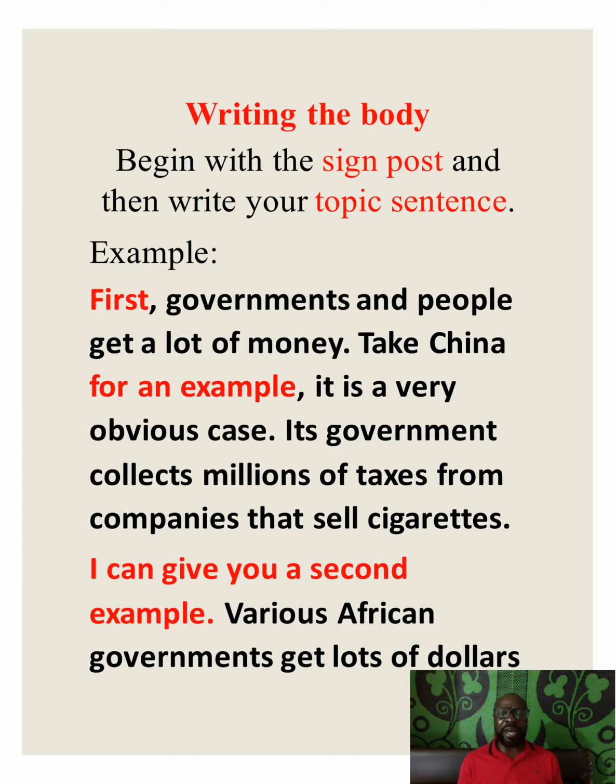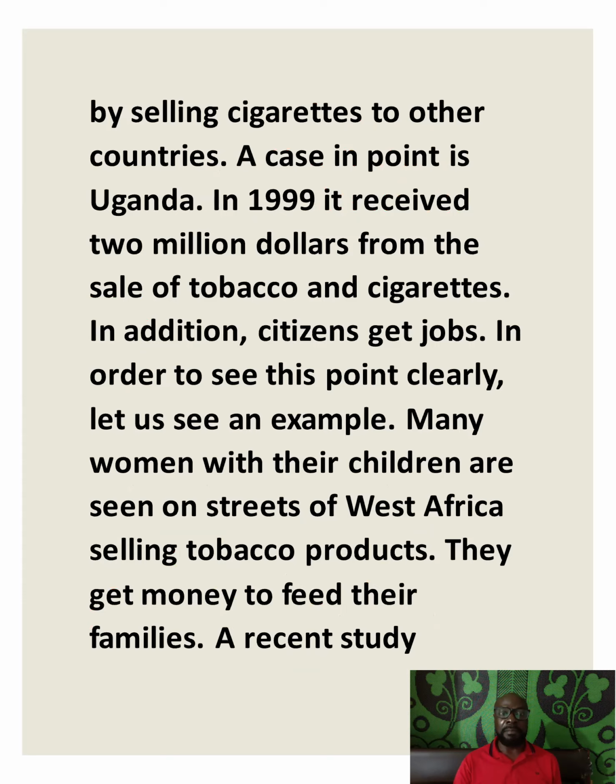Are there other ways government can get money from cigarettes apart from taxes? Yes. So you give another example. Various African governments get lots of dollars by selling cigarettes to other countries. That is foreign revenue. It is not only taxes, but also money by selling.